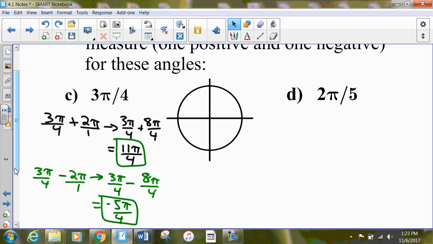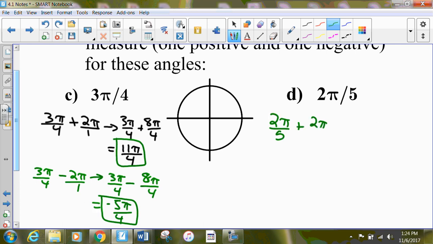All right, so let's look at 2 pi over 5. We're going to do the same thing. We're going to take 2 pi over 5, and we're going to add 2 pi. But of course, we're going to rewrite 2 pi as 5. Oops, no. How about 10 pi over 5? Right? Multiply the denominator by 5, multiply the numerator by 5, and we get 12 pi.